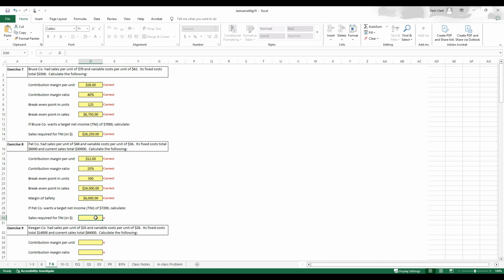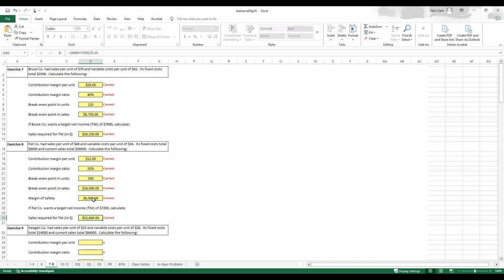All right. So then, if we want to have a target net income of $7,200, basically the same kind of thing we did up here. So we just do our break-even point formula. So I'm just going to take that, copy and paste it, put some parentheses here so it'll do our calculation in the numerator first, and we want 7,200 to add into our total break-even.